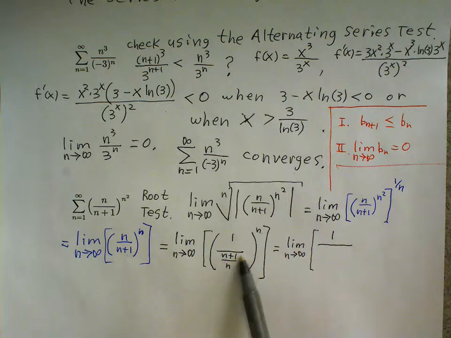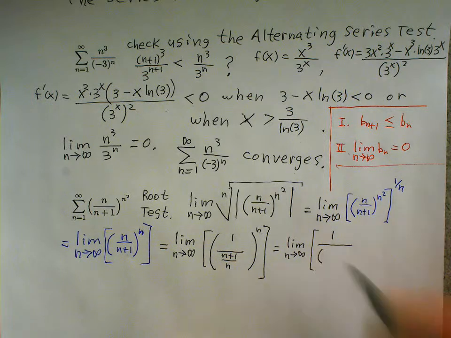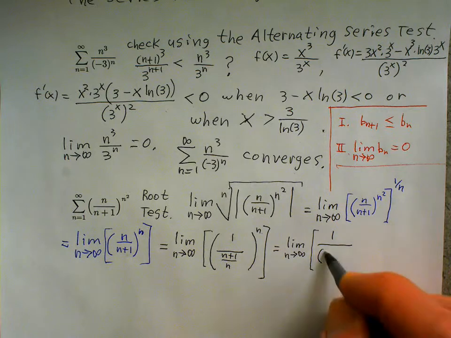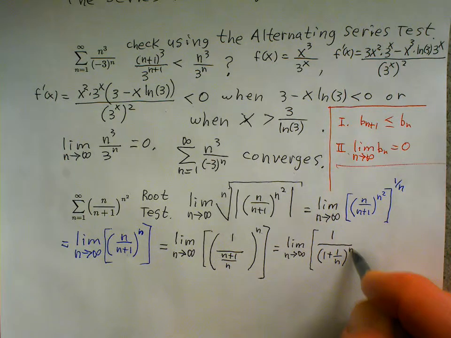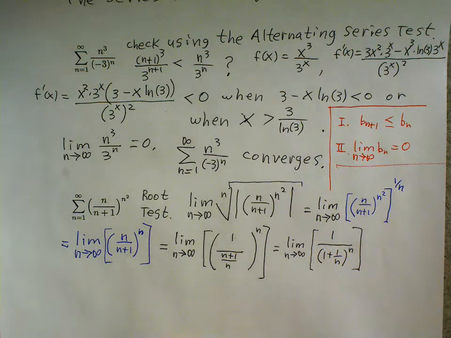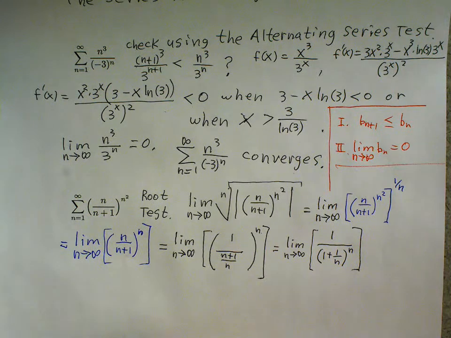But n plus 1 over n is n over n, or 1 plus 1 over n. So now we have this limit, the limit of 1 over the quantity 1 plus 1 over n to the n as n goes to infinity. So does anything about this look familiar now?